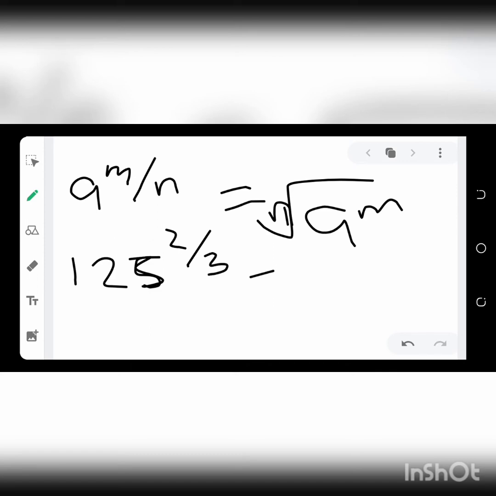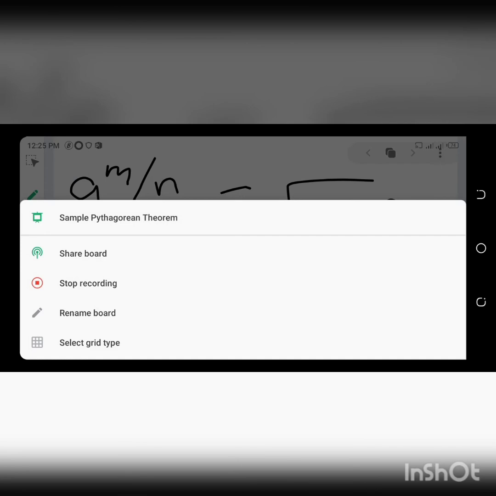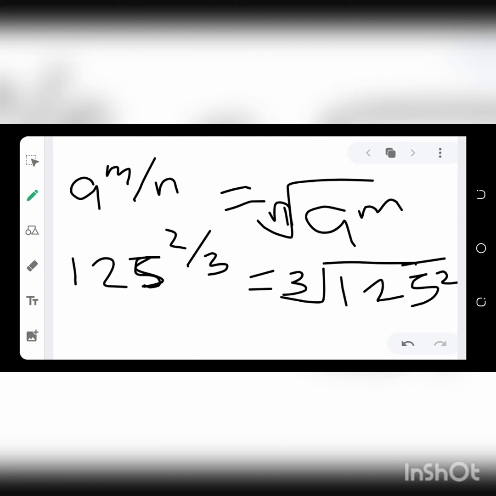Then to resolve this, I find the third root of 125 by the power of 2. So doing that, I'll get 25.